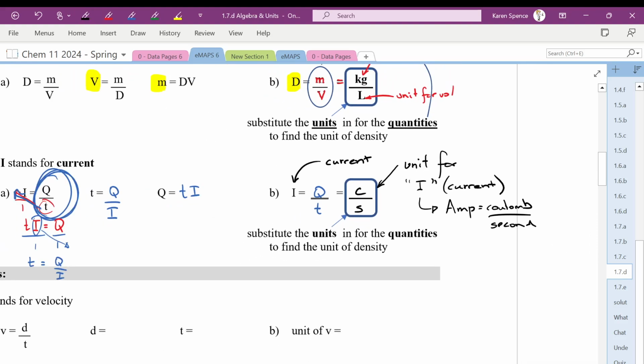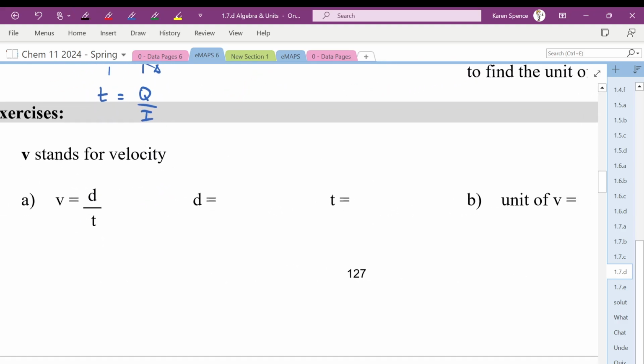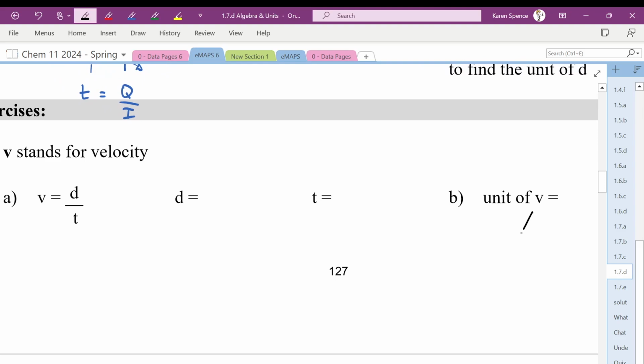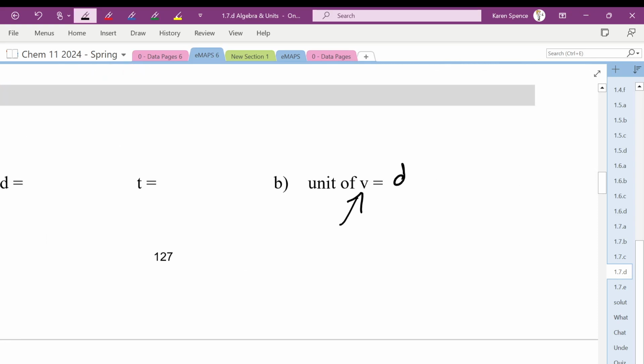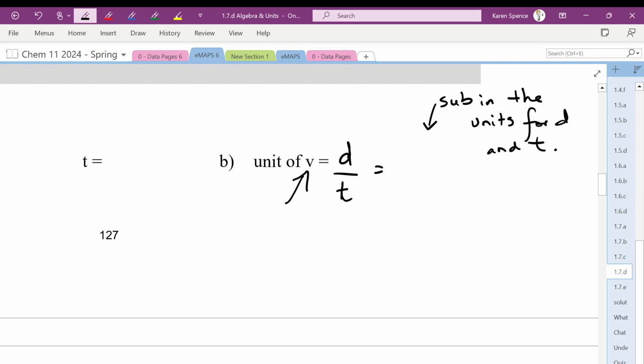Okay? So you guys are going to try the same thing. Part A is just solving the equation. Part B is writing the equation. So for this one, you're going to say, I've got volume is equal to d times t. So volume equals d, or sorry, not d times t, d over t. And then you're going to sub in the units for d and t. And you guys are going to work through pages 127, 128, and let's see if there's a 129.